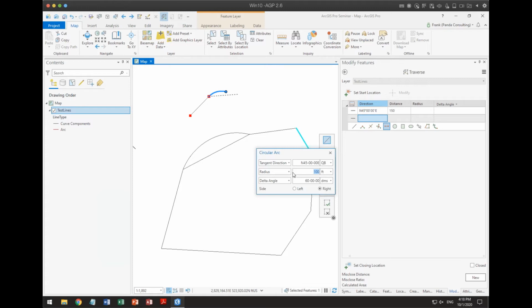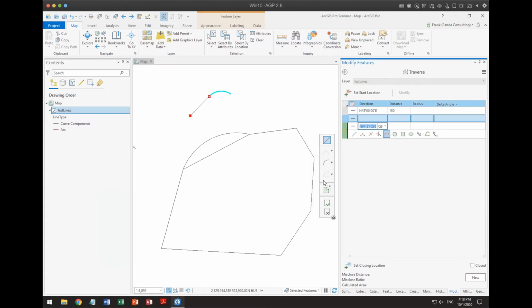And here you can play around with, okay, so what is the radius? What's the chord length on here? And you can input this here, 125 feet, and see where it's going to be before you actually input it. And then once I input it, you'll notice it stored all those in there for me.